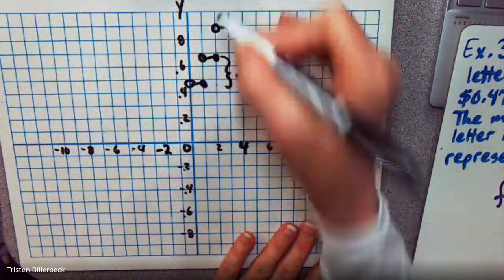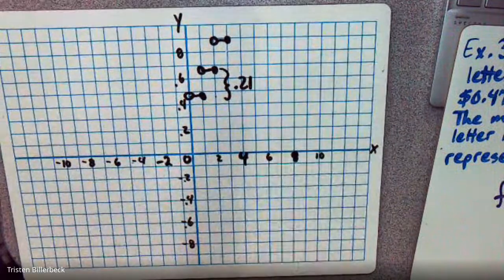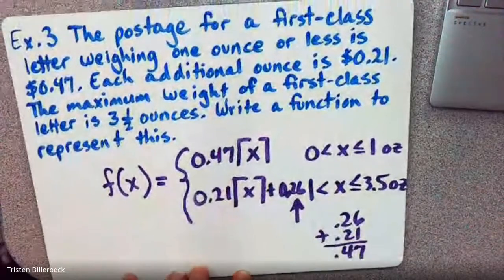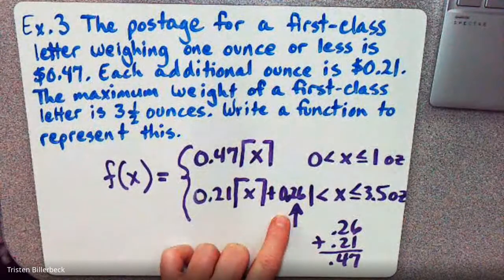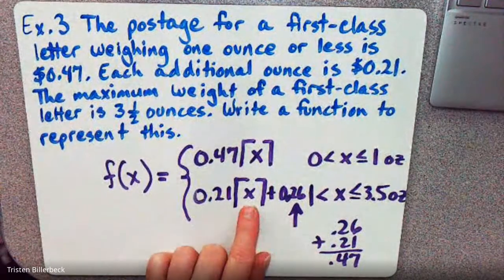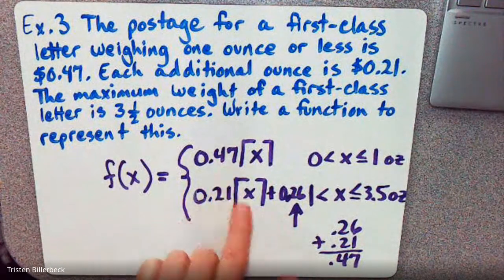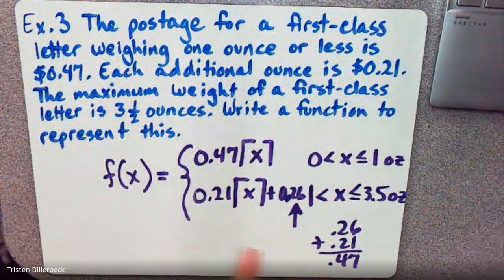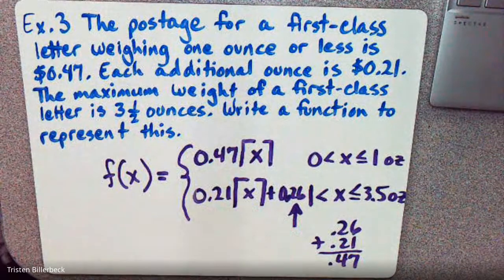So it would just look like that with the postal rates. Okay, so that's why we came up with this as our additional part of the function. So remember, if x is 1, that should add up to that. But once x is 2, it represents the additional 0.21 for each additional ounce.